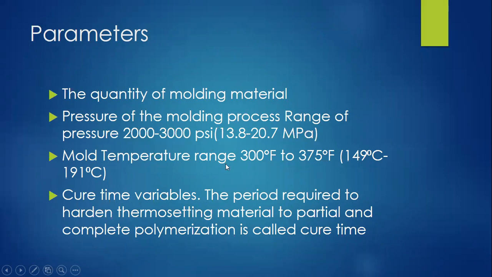The mold temperature ranges from 300 to 375 degrees Fahrenheit, or 149 to 191 degrees Celsius. Cure time: the period required to harden thermosetting material to partial and complete polymerization is called cure time.